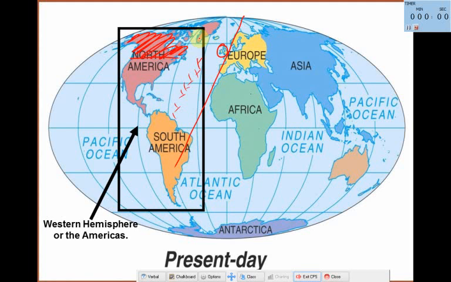But the reason why America wanted this, folks, is if Europe is able to recolonize in America, why might that be a problem for the U.S.? What might Europe be able to do if they had colonies in America again? They might invade. They might be able to attack us.